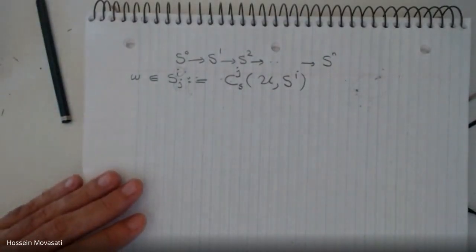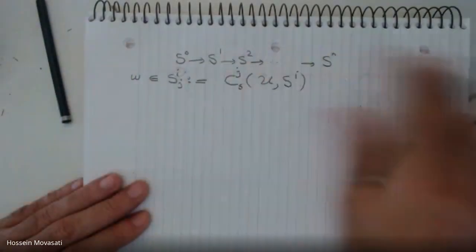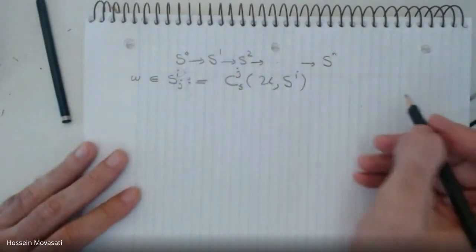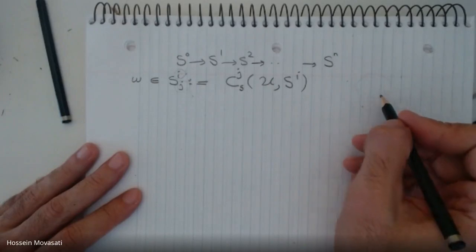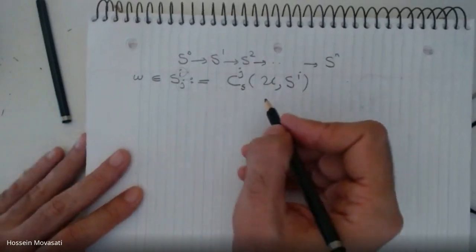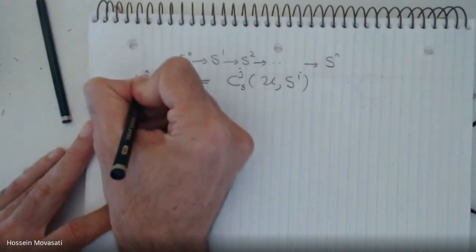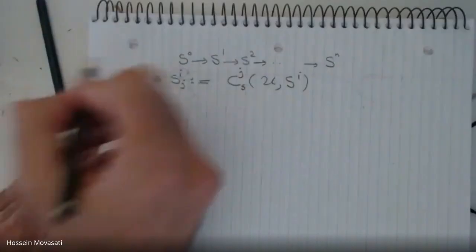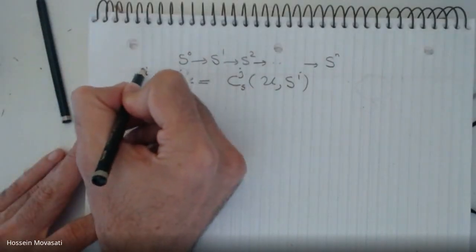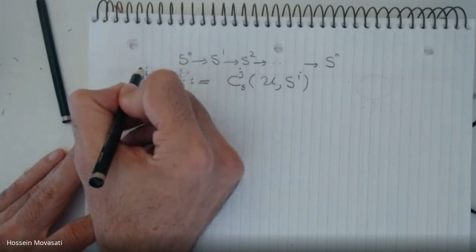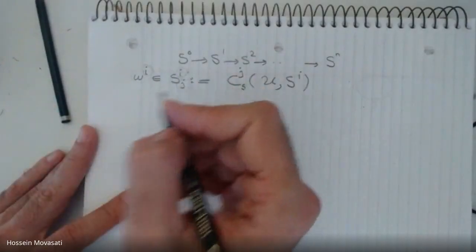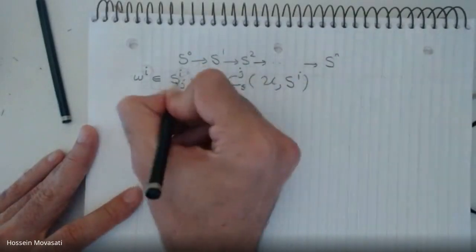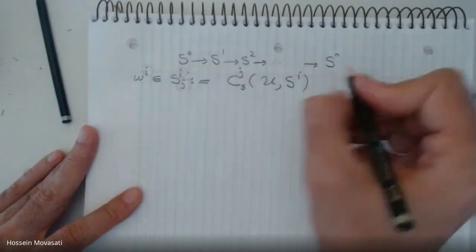In order to simplify my notation and make it easier to remember, for the element here I will put I on top, so that it is clear that this is an element in the sheaf S^i. From the other side, it is defined on g+1 elements.